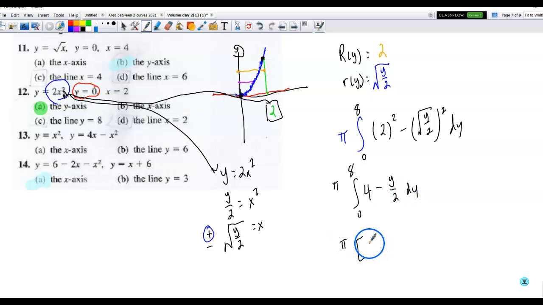Finding the antiderivative will give me 4y minus y cubed over 3. Gotta love those zeros. 0 to 8. And when you evaluate that correctly, and make sure you do it, don't just jump to the answer. Let me find that answer for you.